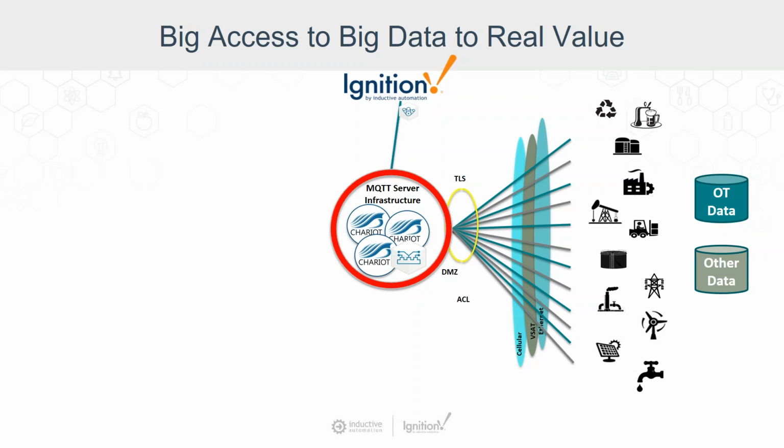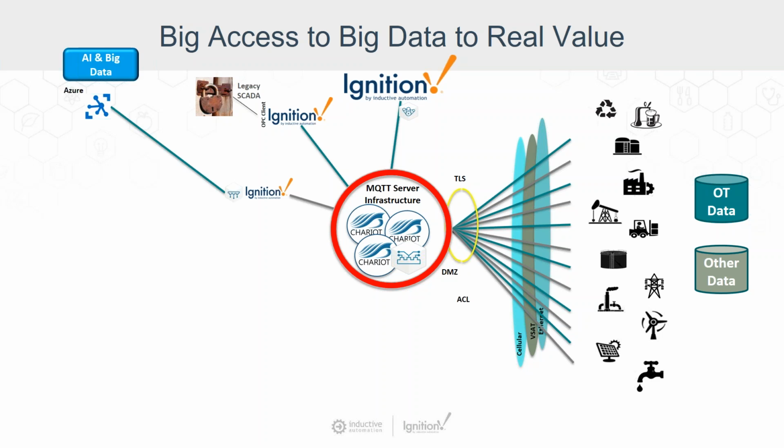So once I get that data published into that MQTT server infrastructure, I can plug in Ignition Central SCADA, and we can do a lot with it from a SCADA perspective. We can also get information to other systems, more protocol conversion type stuff there. We can plug in another system to bring data directly to the cloud.